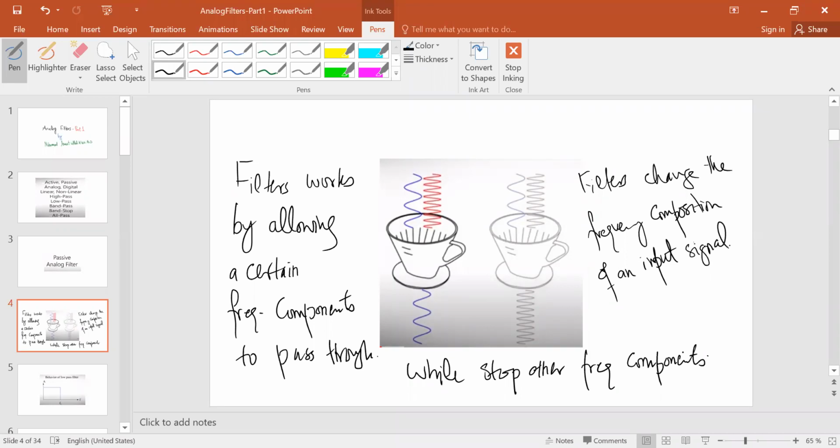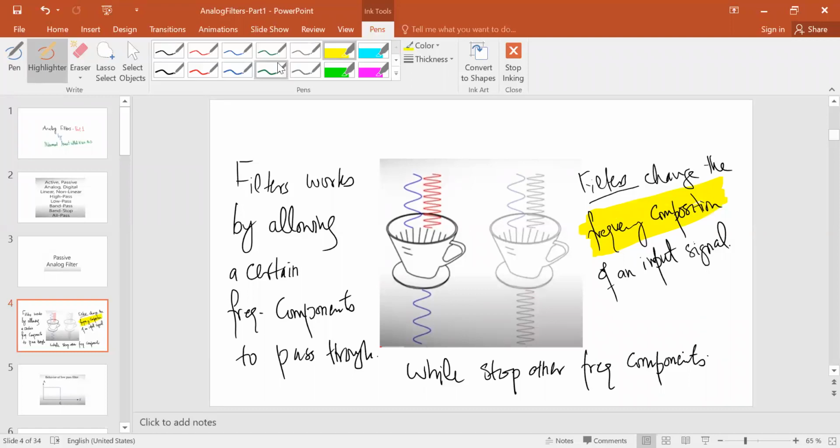Let me emphasize more on this. It's the frequency composition. It means certain frequency components are stopped while the other frequency components are allowed to pass through. In this way, we can pretty much change the signal.